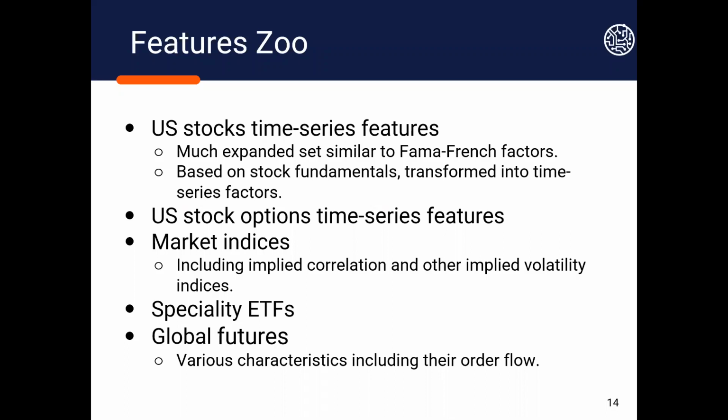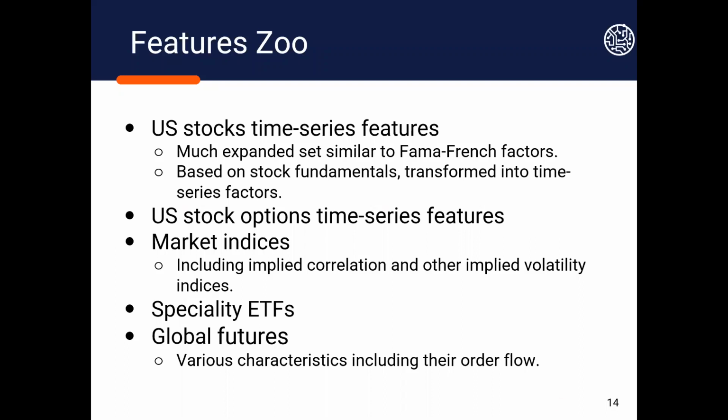We can use market indices, such as implied correlation and implied volatility indices. We can use specialty ETF returns. We can use global futures. We can use Forex, whatever you can think of. And we have a paper that describes all these different features that we have created to enable the success of CPO.